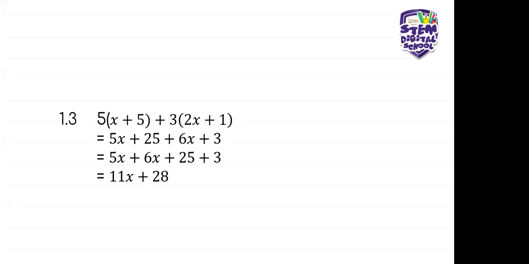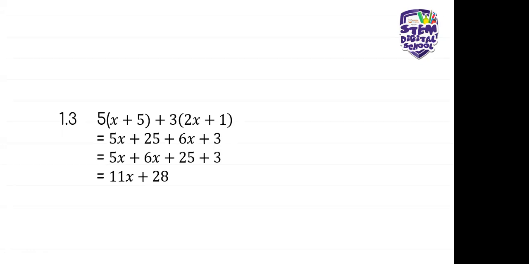I'm glad that you are following now. 5 times x is 5x, and then 5 times 5 is 25. Plus 3 times 2x, 3 times 2 is 6, then you'll have 6x there. And then 3 times 1 is 3. So you can see the first step, you now have 5x plus 25 plus 6x plus 3.